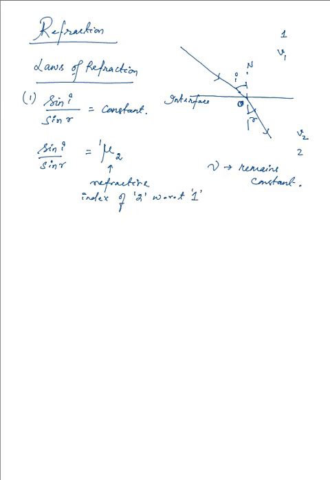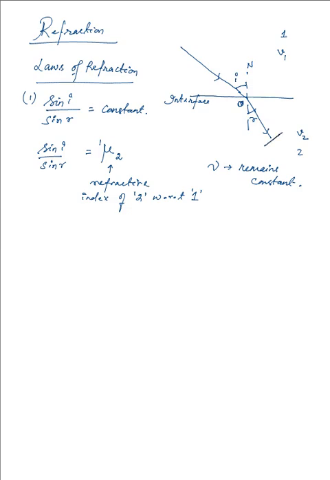Similarly, if the light was traveling from the second medium into the first medium, and if we are maintaining the angles, that is, we are keeping the angle of incidence equal to r, while the angle of refraction has to be equal to i, that is how we bring about the principle of reversibility.